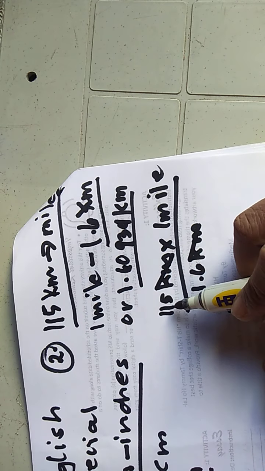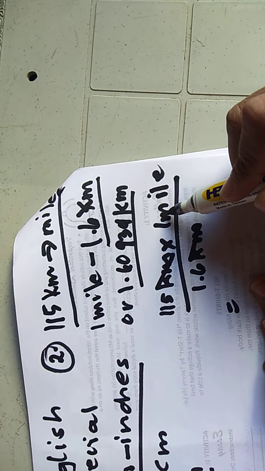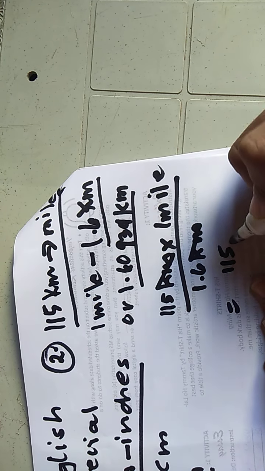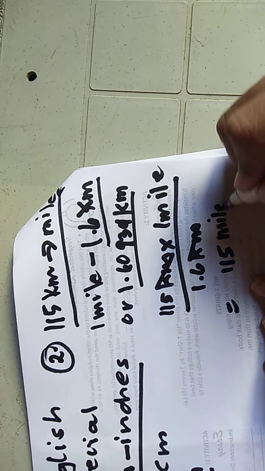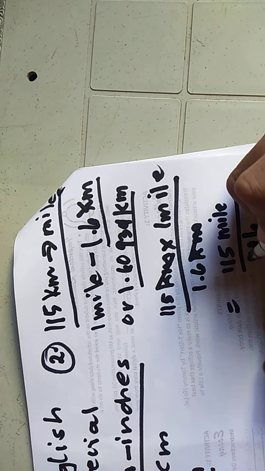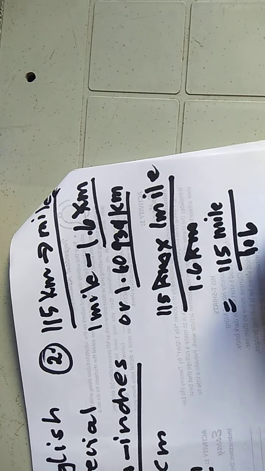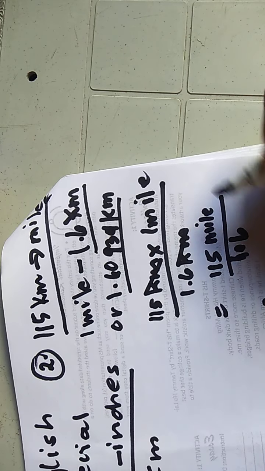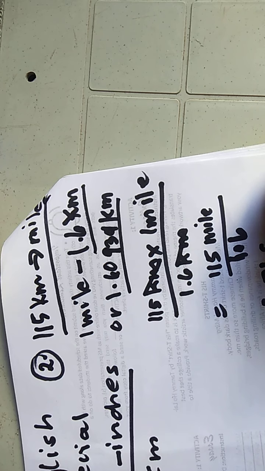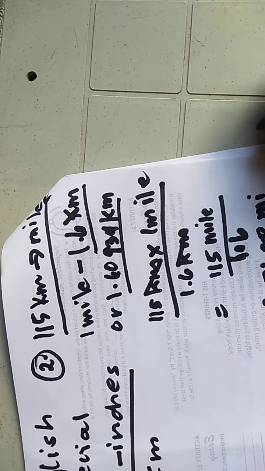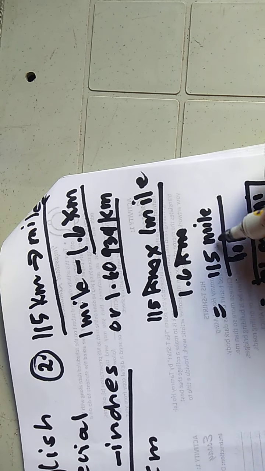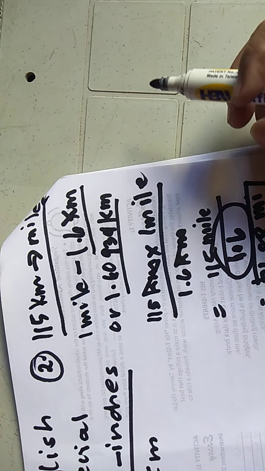So, 115 times 1 mile will be 115 mile. Okay, lagay natin yung unit. Divided by 1.6. That is 1.6. So, the answer will be 71.88 miles. That will be the answer. Ano po? Since we are using the 1.6 kilometer.